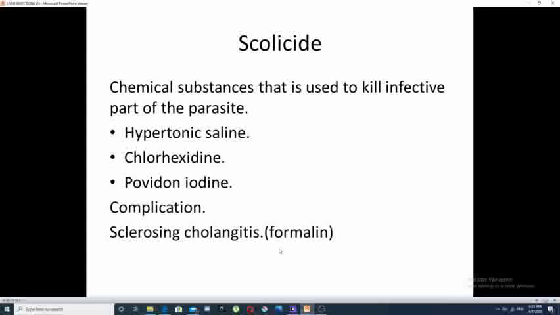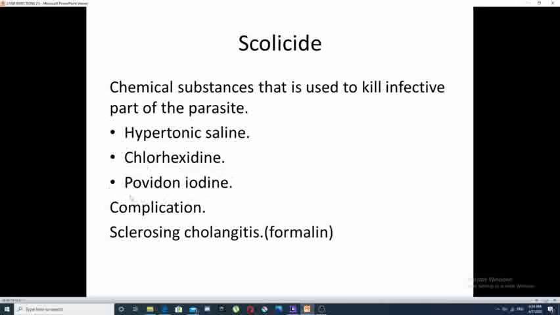To prevent this complication, scolicides are used, which are chemical substances used to kill the infective part of the parasite. A long list of scolicides have been tried, like hypertonic saline, chlorhexidine, povidone iodine.